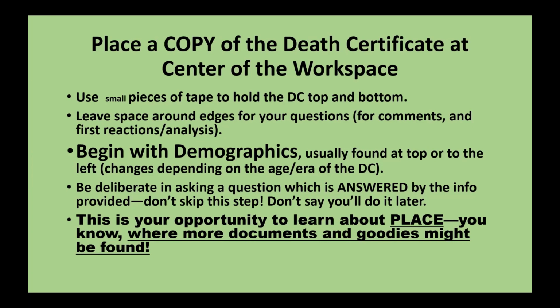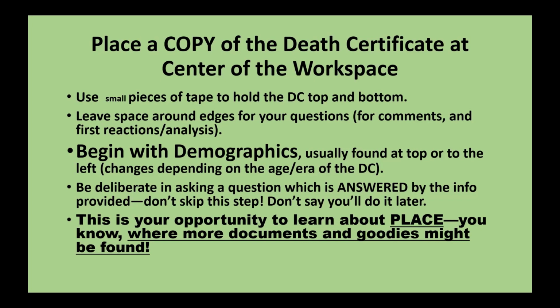Like Paris Gibson Jr. and his wife lived in Cascade County. So that's where I'm going to look for those wills, for those inventories, because they maybe didn't have a will, but they would have an inventory of all the materials and the things that they left at their ranch. And so I'm going to want to know enough about Cascade County to know who has the goodies I want in the form of the next documents.